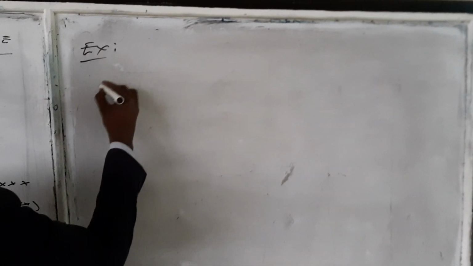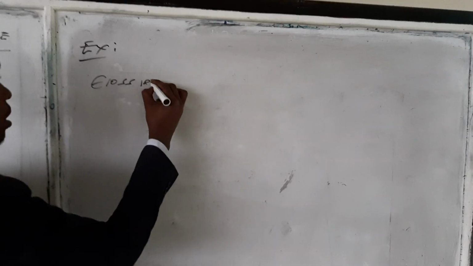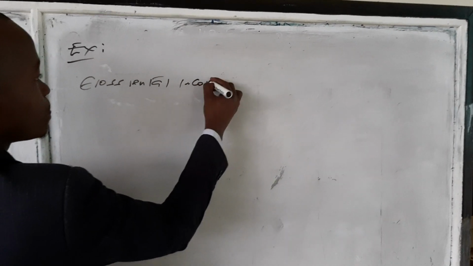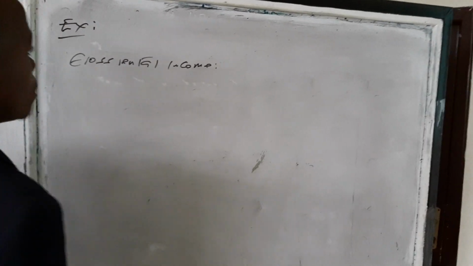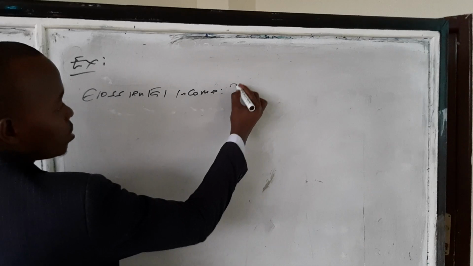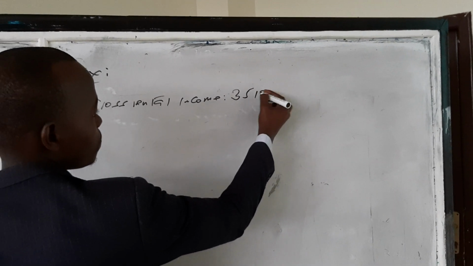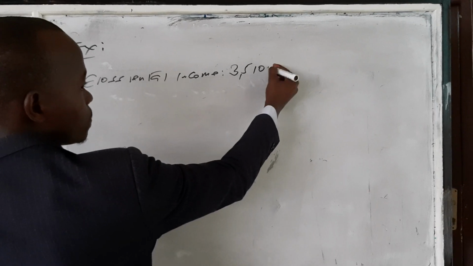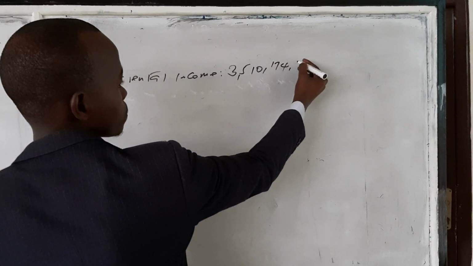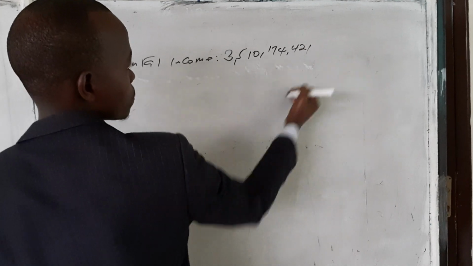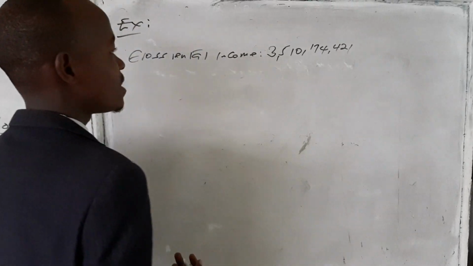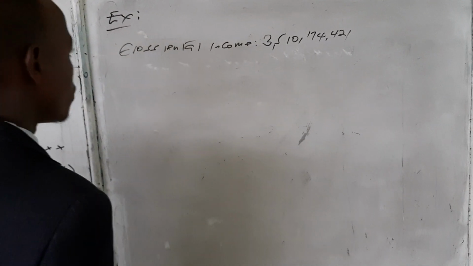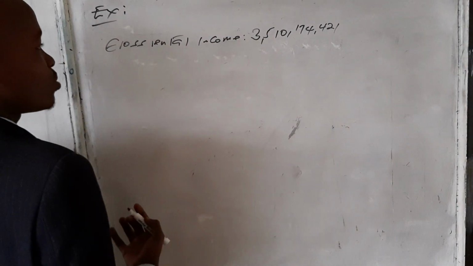So here you need to come up with the gross rental income of Kabanda, which, because they have asked annual, is 3 billion 500 million 510 million 174 and 421.